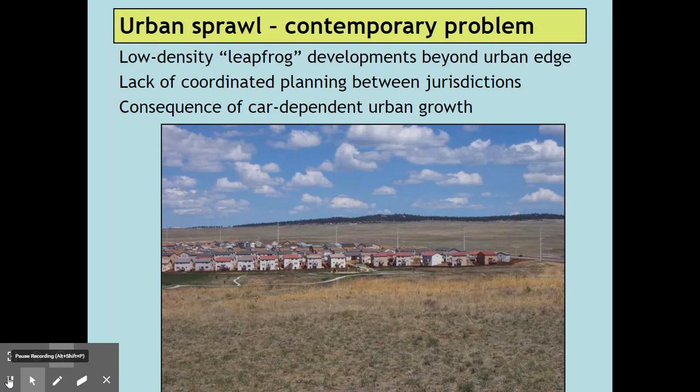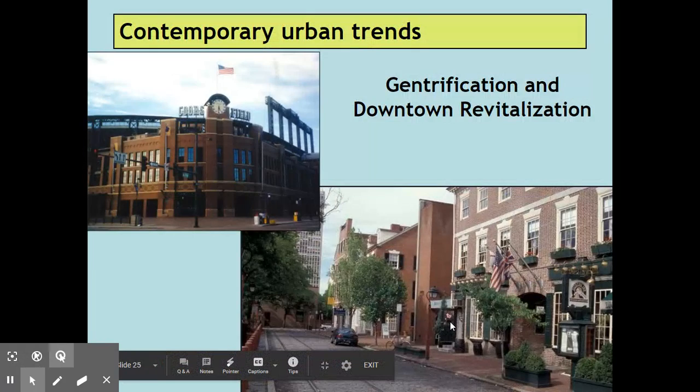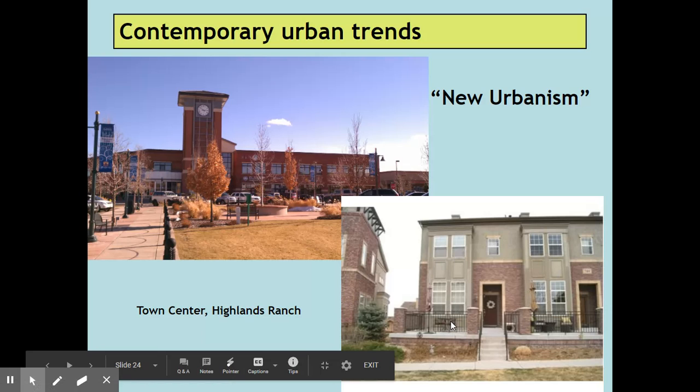And there are services that are added, but there's not a lot of coordinated planning. It's kind of a hodgepodge of urban growth, but it's definitely dependent on cars, that cars help connect you to these different urban nodes. And then for the next, what is new urbanism?